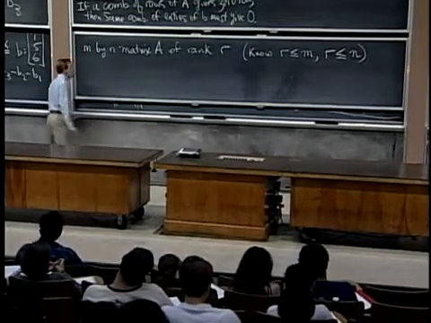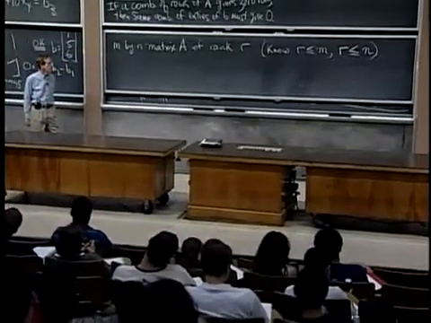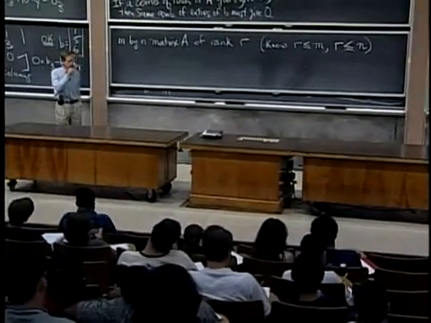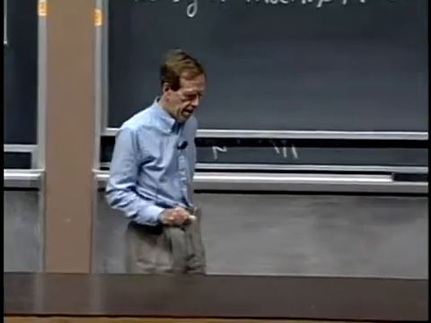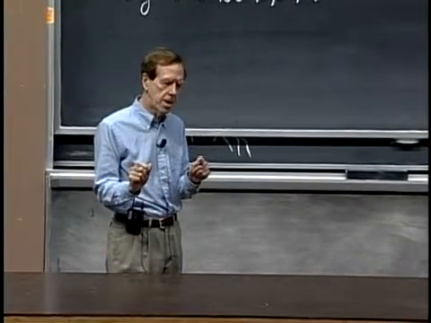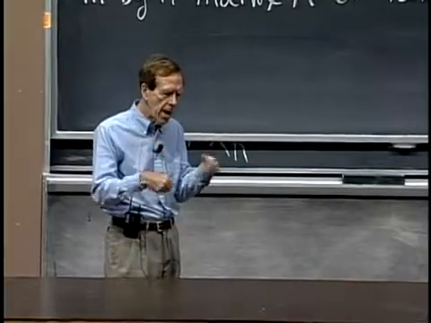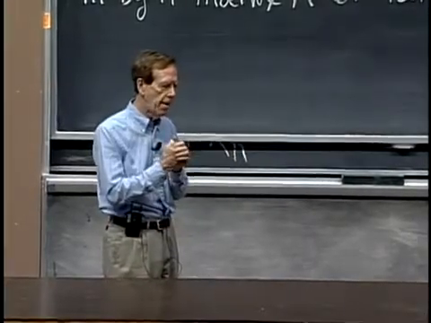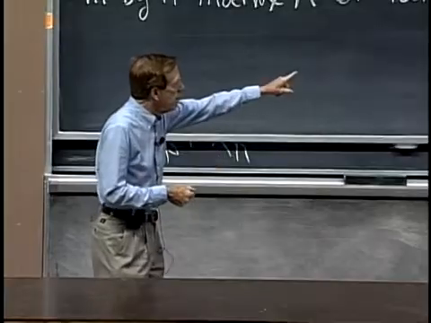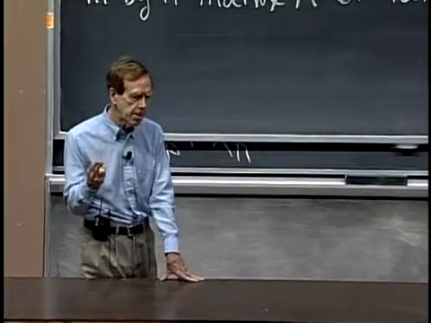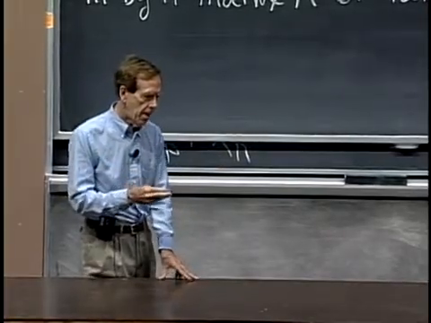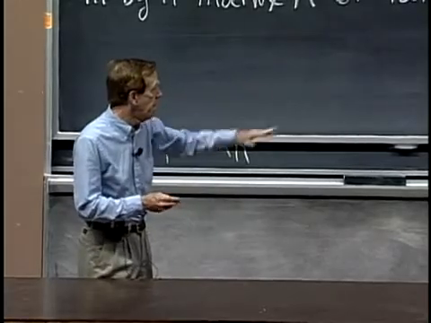So I have an M by N matrix of rank R, and I always know R less than or equal M, R less or equal N. Now, I'm specially interested in the case of full rank, when the rank R is as big as it can be. Well, I've got two separate possibilities here, depending on what these numbers M and N are.